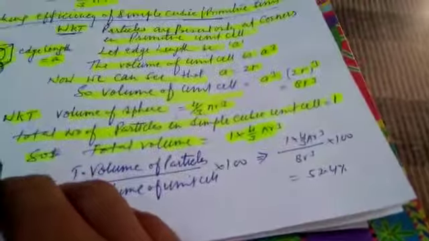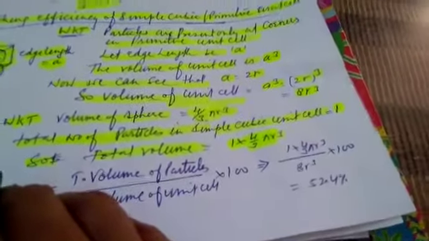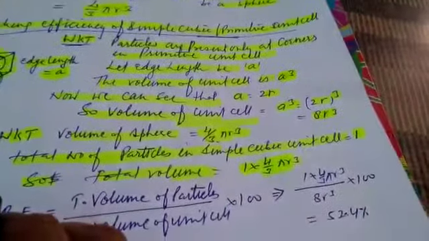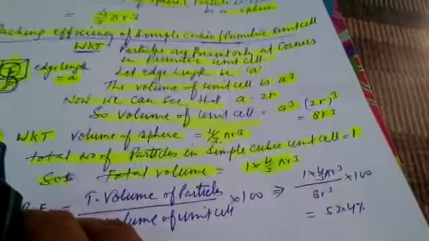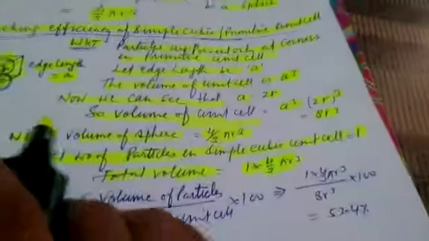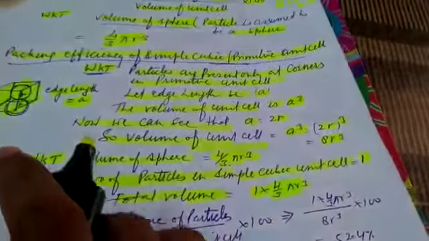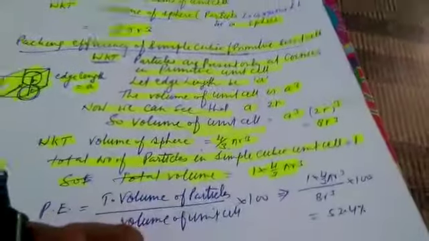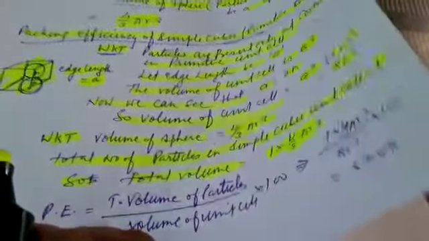If a body centered unit cell is given, then the total volume will be 2 into 4 by 3 pi r cube. And if a face centered unit cell is given, then it will be 4 into 4 by 3 pi r cube, depending on the number of particles.